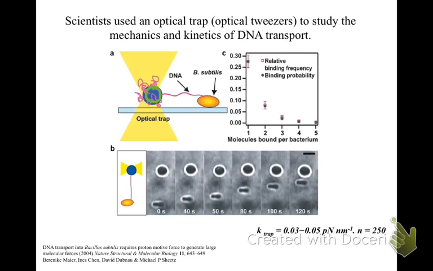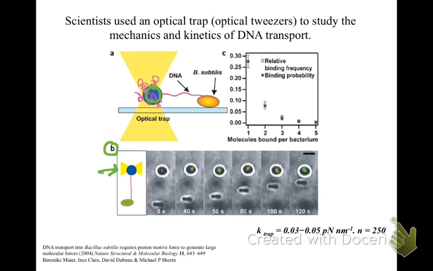And then they actually measured, and you can see this down here in panel B. So here's our optical tweezers right here, and you can see it in each of these figures. It's being held stationary by the optical tweezers, but it's got DNA bound to it. And you can't see the DNA in this figure, but you can certainly see the cell.